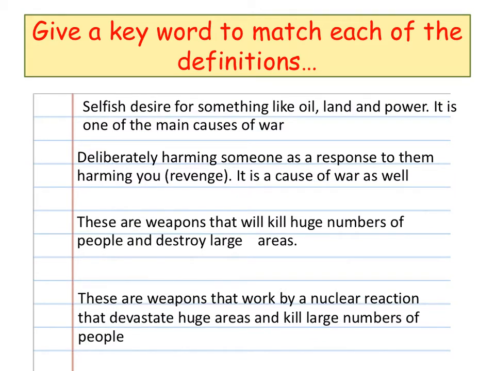Number 13, selfish desire for something like oil, land and power. It is one of the main causes of war. Number 14, deliberately harming someone as a response to them harming you, a revenge. It is a cause of war as well. Number 15, these are weapons that will kill huge numbers of people and destroy large areas. Number 16, these are weapons that work by nuclear reaction that devastate huge areas and kill large numbers of people.